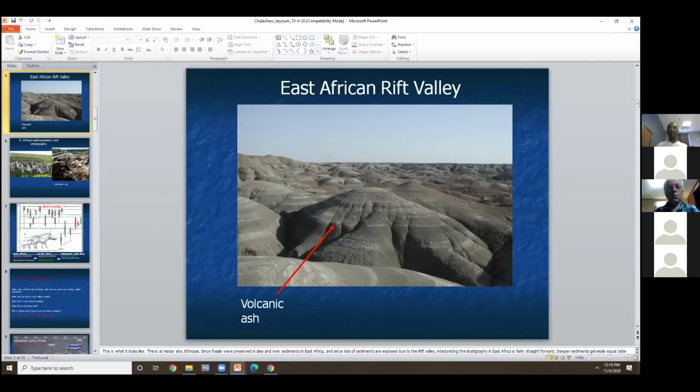Sediments that are deeper are generally older, while sediments that are higher are younger.